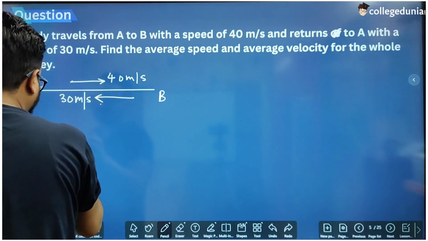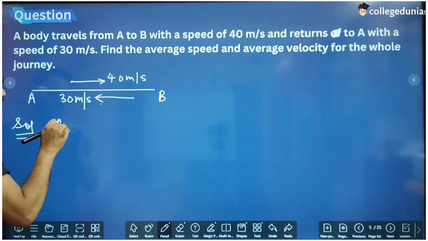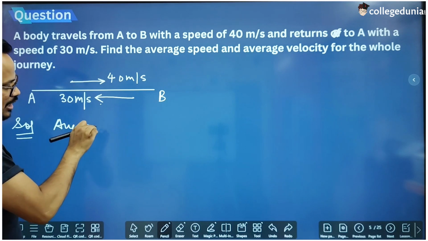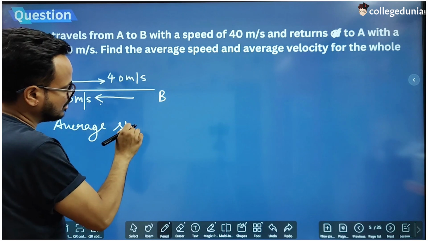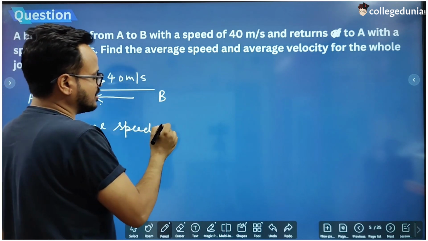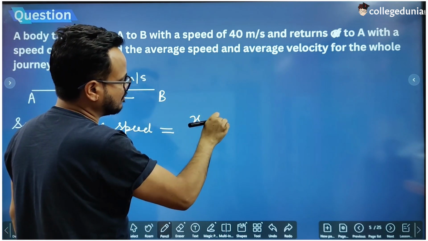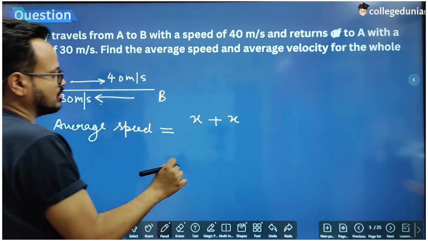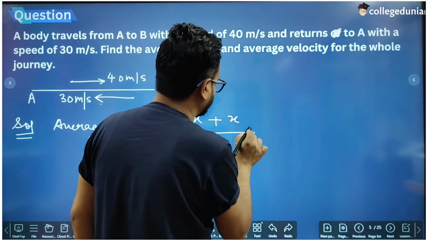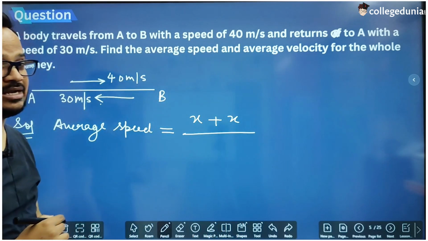So the average speed we are going to find first. The total distance traveled is x plus x, divided by total time taken.